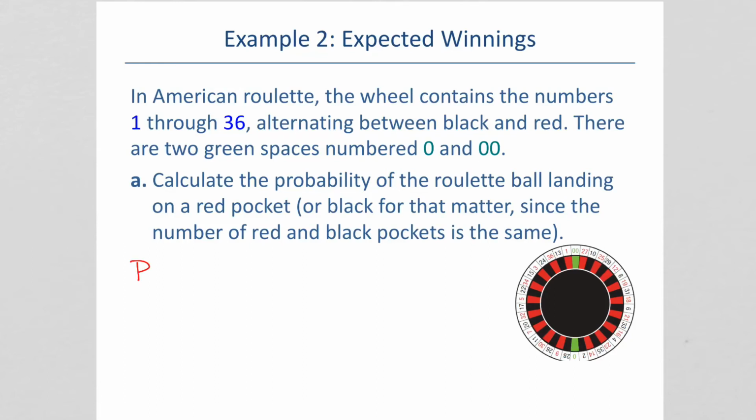So, the probability of a red. And we are assuming that the probability is equally likely. So there's 18 red pockets out of 38 pockets total. So that's 9 over 19.